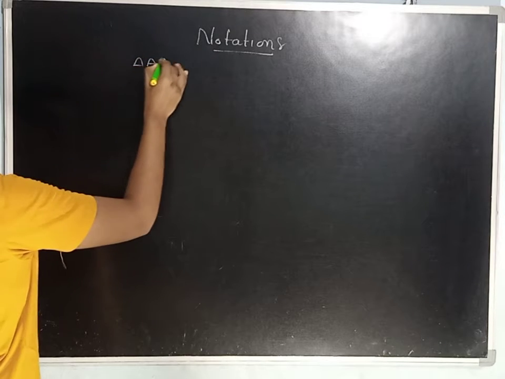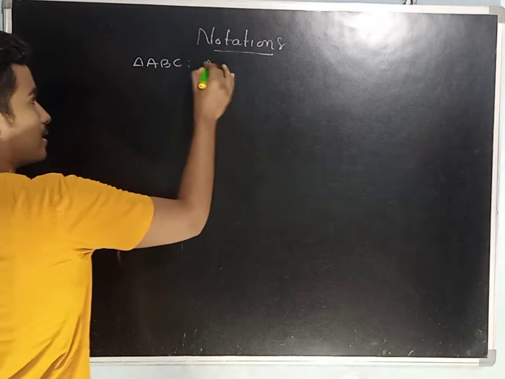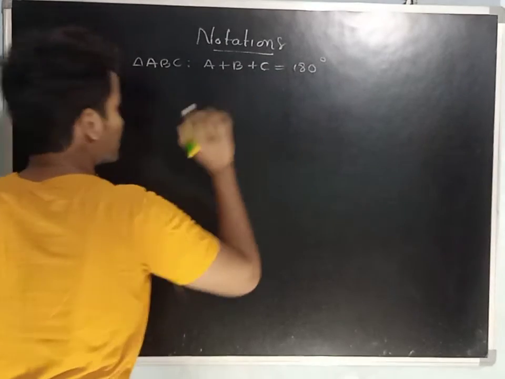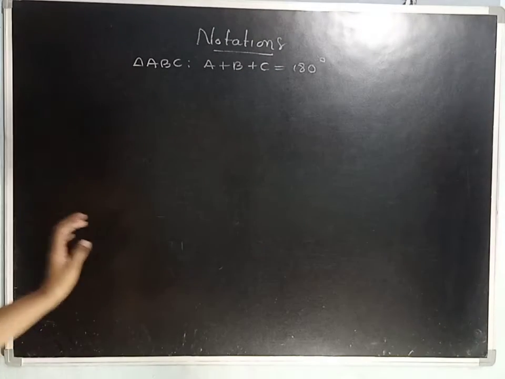Suppose in triangle ABC, A plus B plus C is equal to 180 degrees. The sum of angles in a triangle is 180.